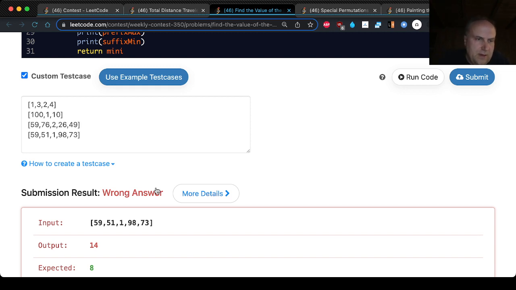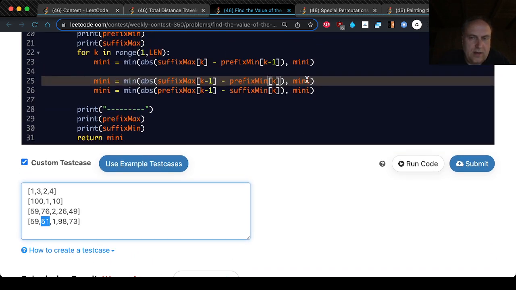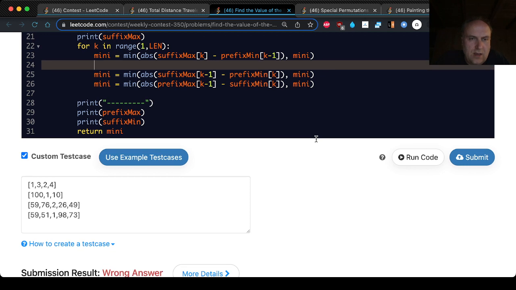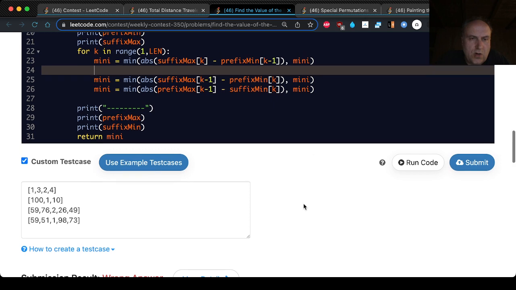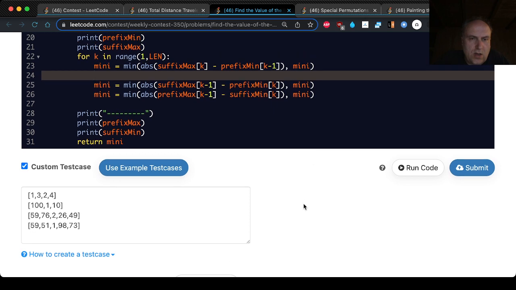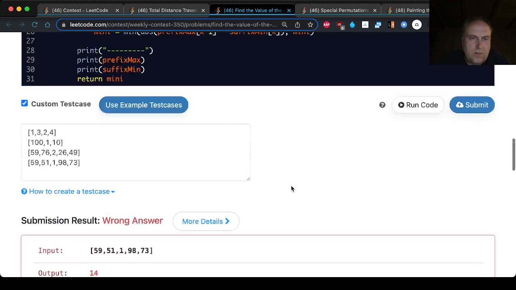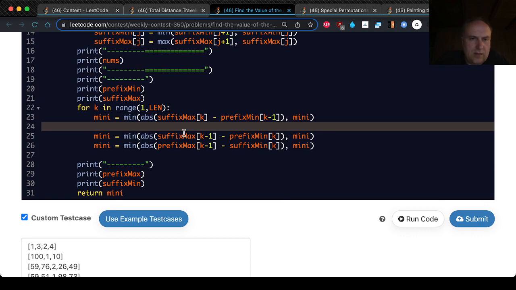So I should have taken 51. Oh, you know, and I did correct it here. So min. It's okay. Why is it 0? So maybe my mistake is upstream.